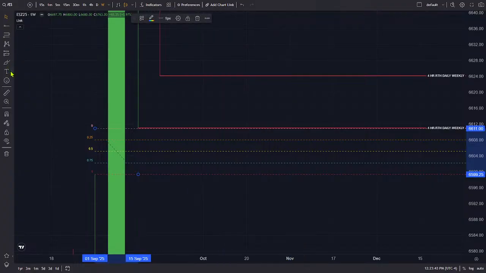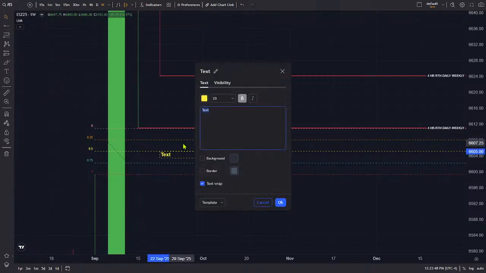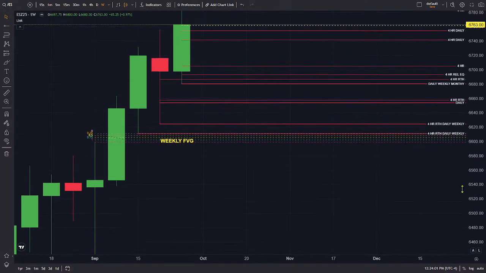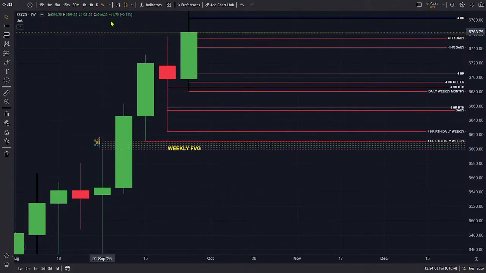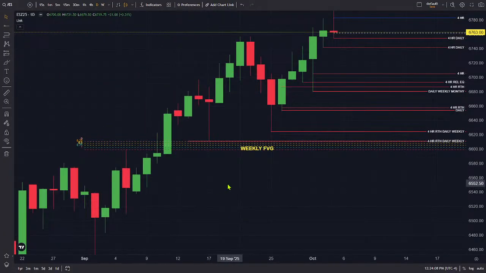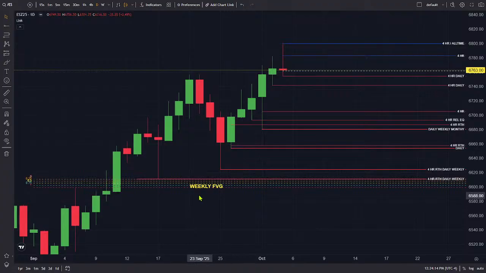Weekly FVG, fair value gap. Okay, there we go. Let's go back to the daily. You can see that down there. If we do start offering lower, I think it may take a couple of weeks to get down here, but this area will definitely be targeted at some point.